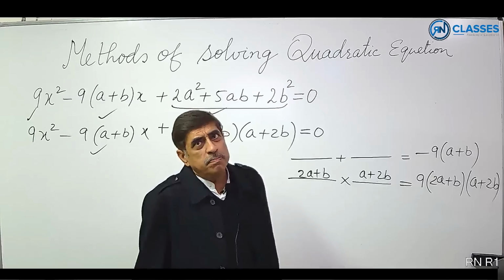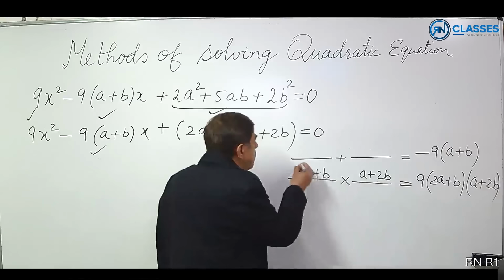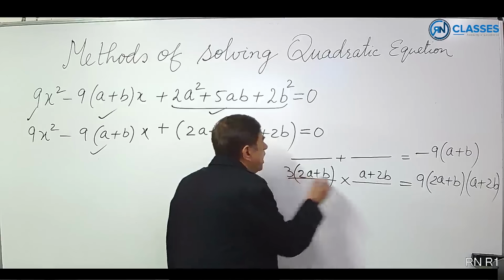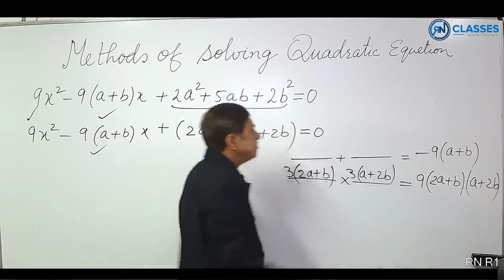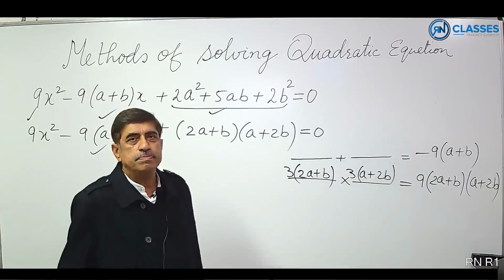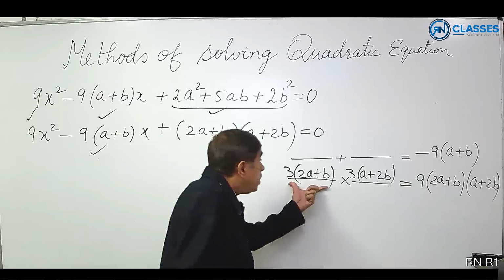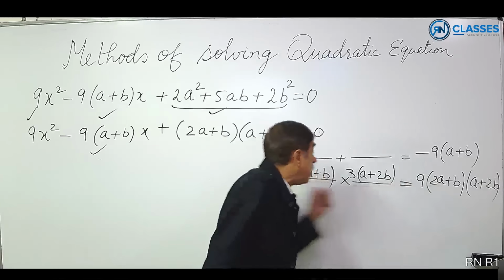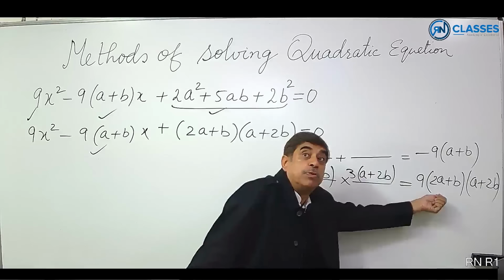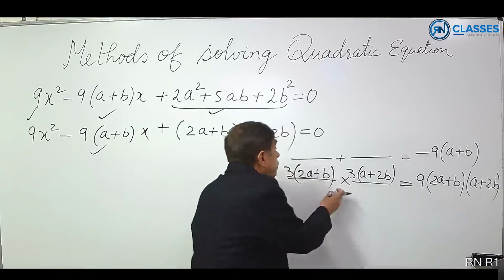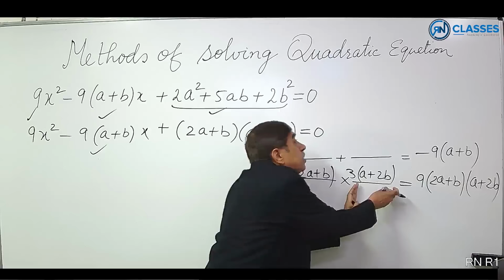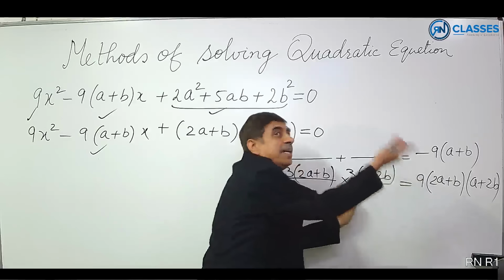एक काम करें. हम इसको ऐसे भी तो स्प्लिट कर सकते हैं. 3 into 3. 3 here and 3 here. Now, product of these two quantities is this. Product of these two quantities is positive. Either both these quantities are positive or both these quantities are negative.